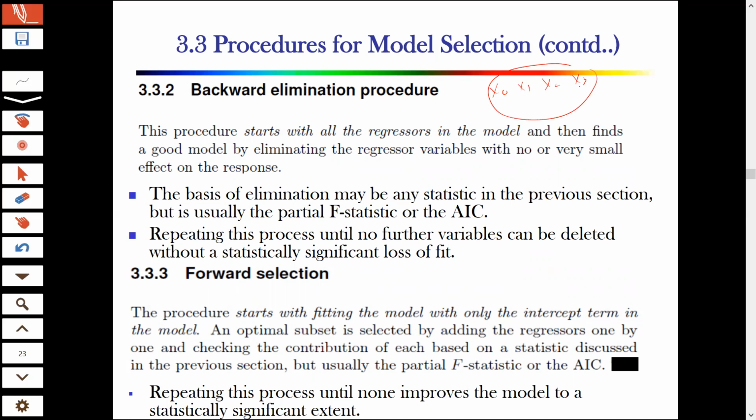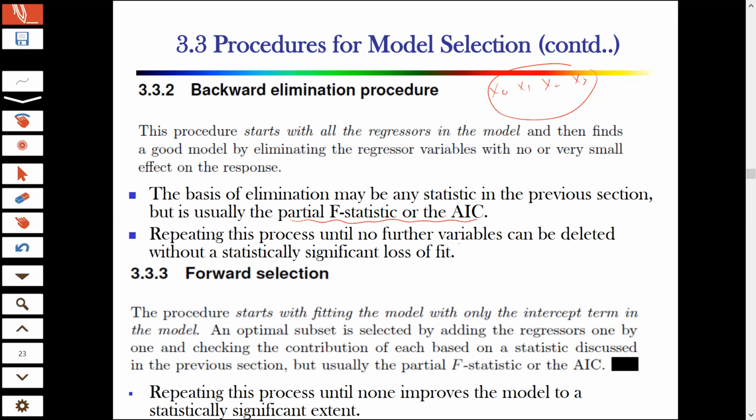Now, under what criteria do we remove a variable? The basis for elimination may be any statistic from the previous section, but usually the partial F statistic or AIC value. So based on the AIC value, it will eliminate one by one, repeating this process until no further variables can be deleted without a statistically significant loss of fit.